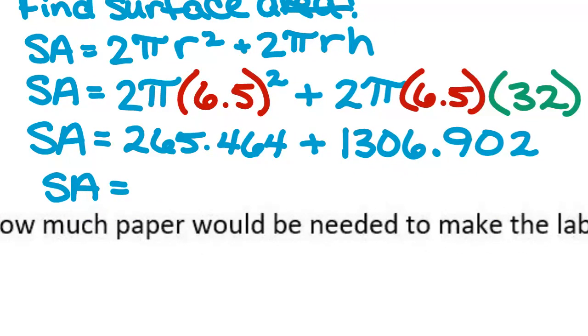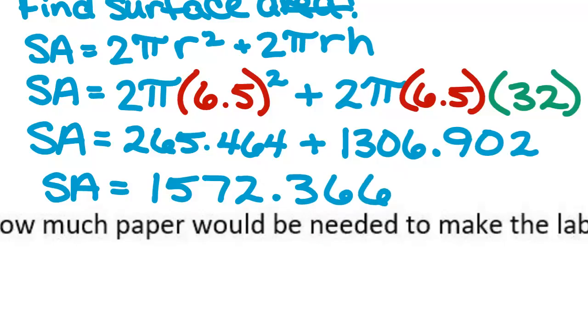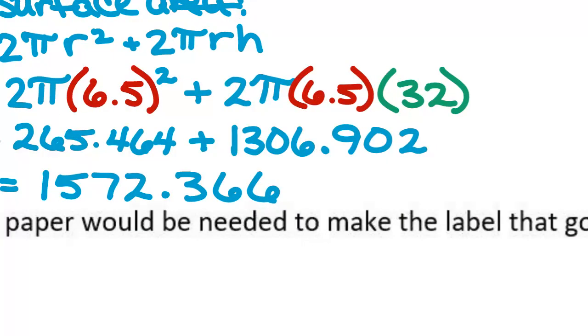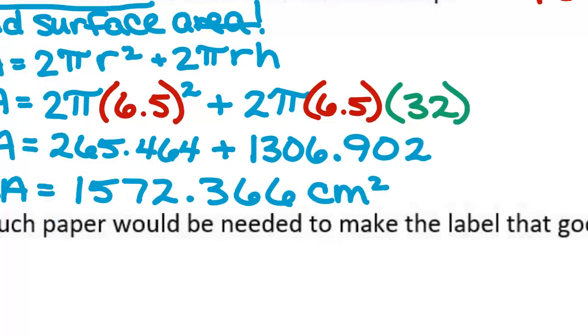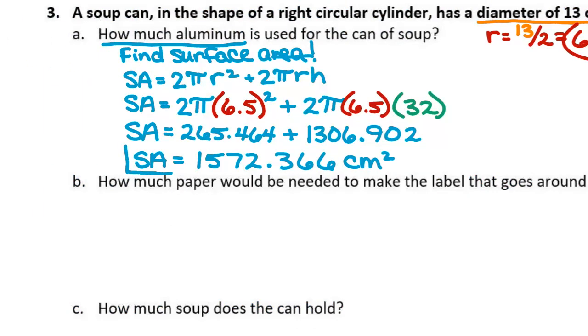And what do we get? Should we put units with that? What units should we put with that? Centimeters squared. Yes, that is surface area, so it gets units squared. And they gave us the height and the diameter in centimeters, so we are centimeters squared here.